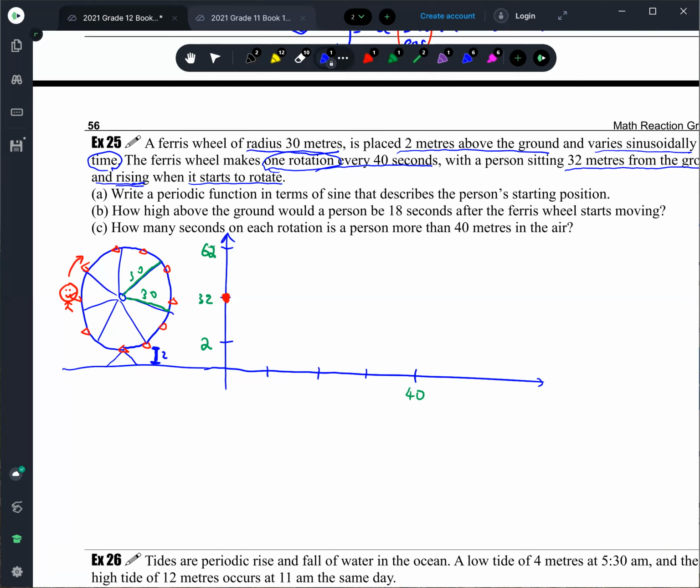Rising means the next point should go up. Okay, are we done with the graph? Please raise your hand.